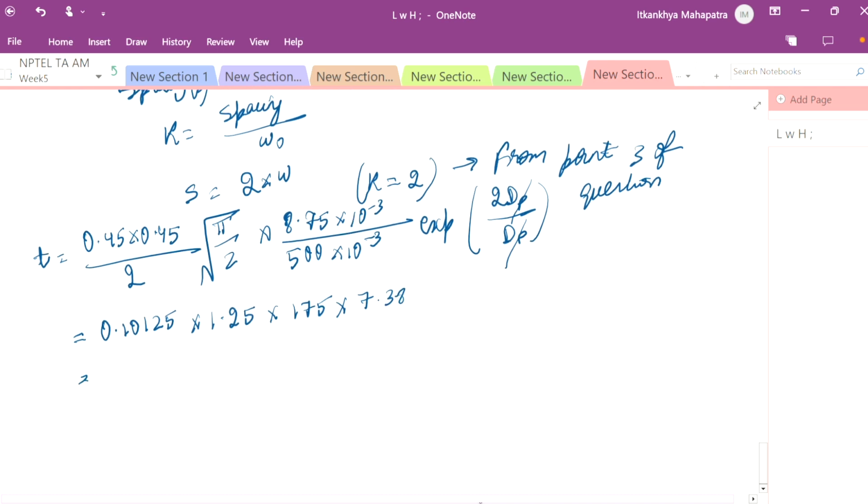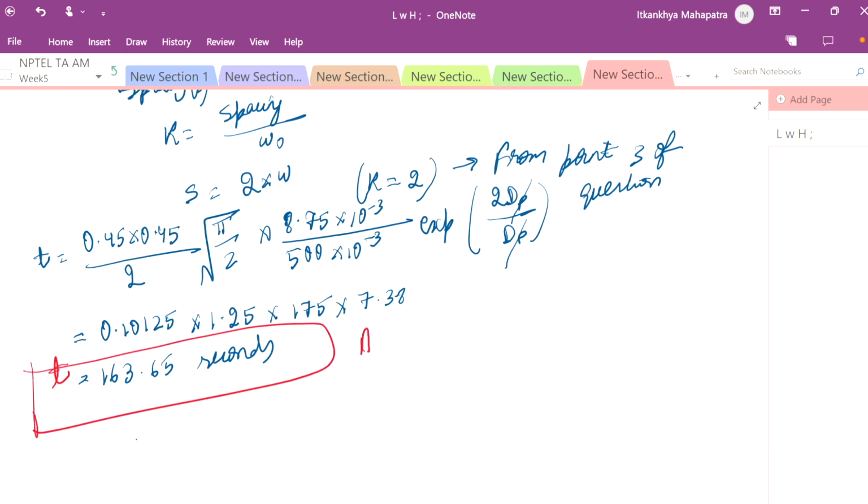On solving this, approximately we will get 163.65 seconds. So this is answer 5.